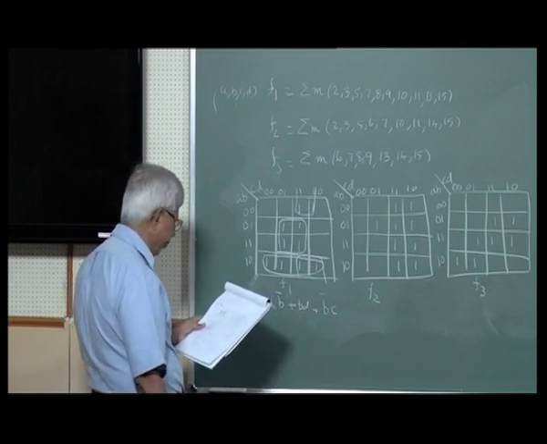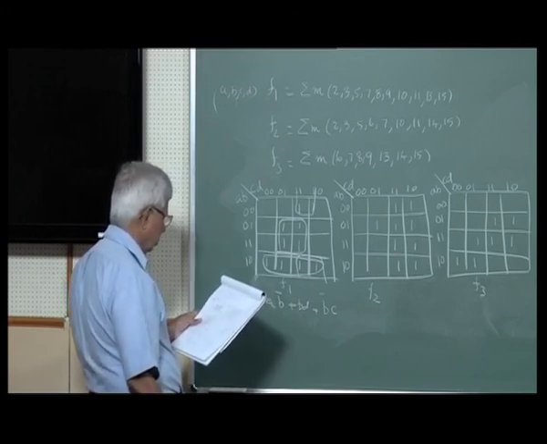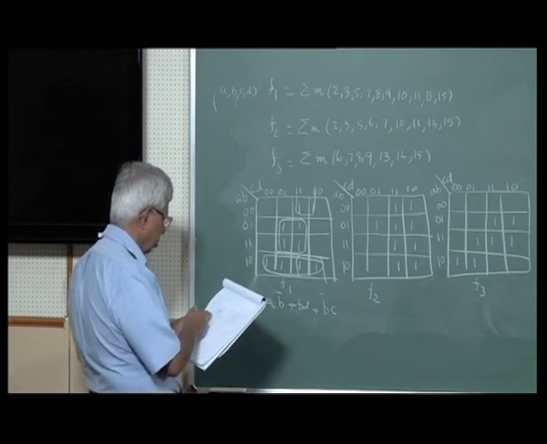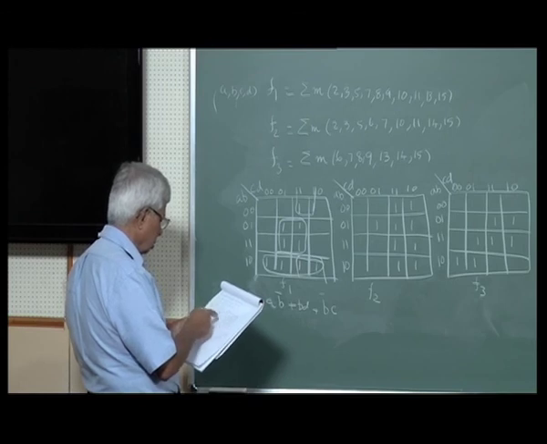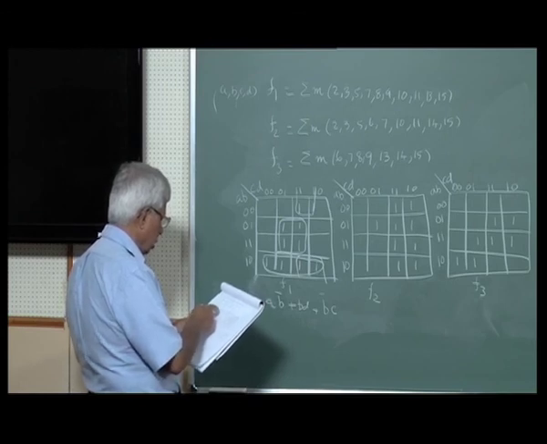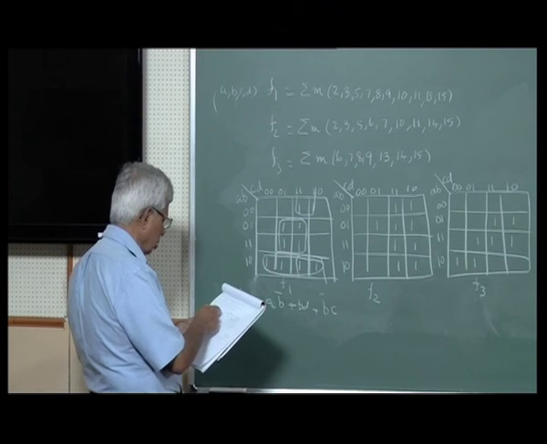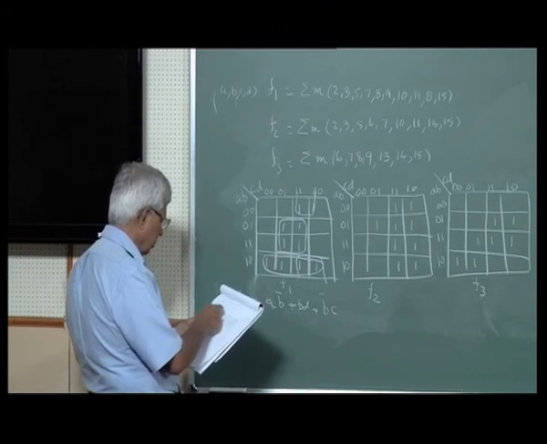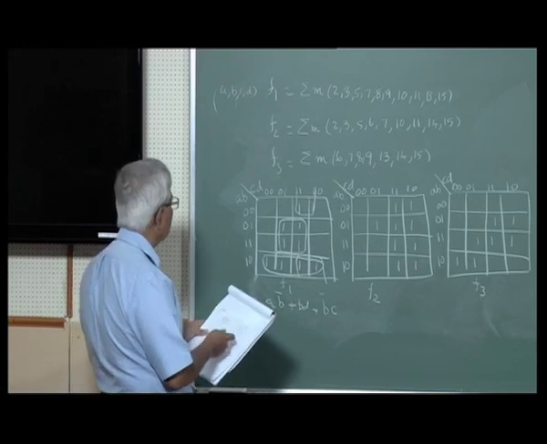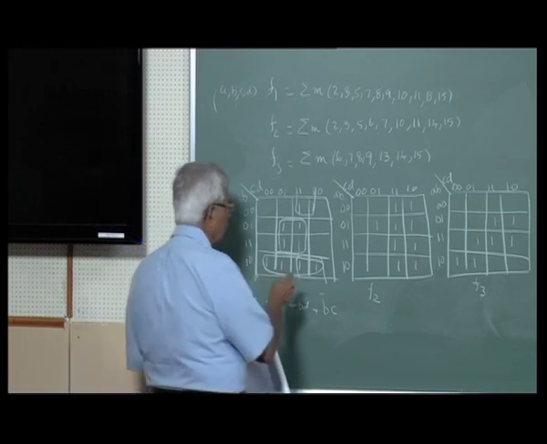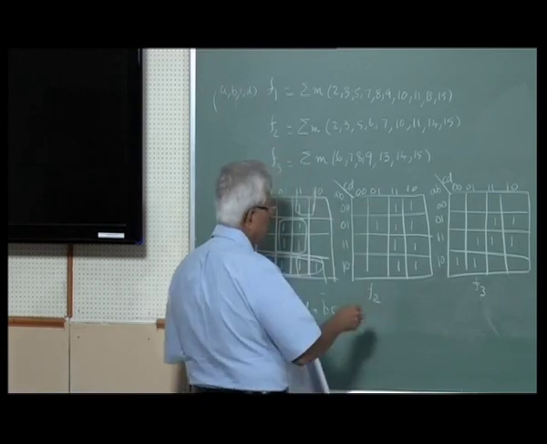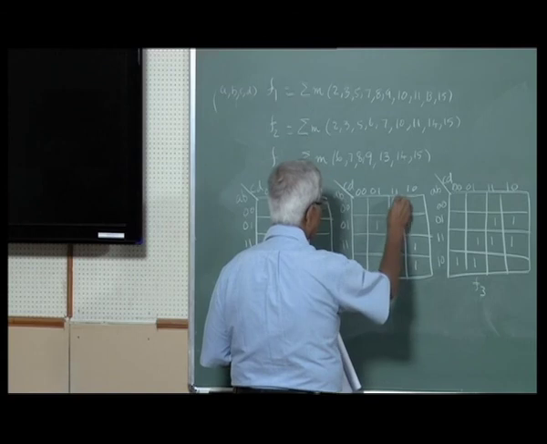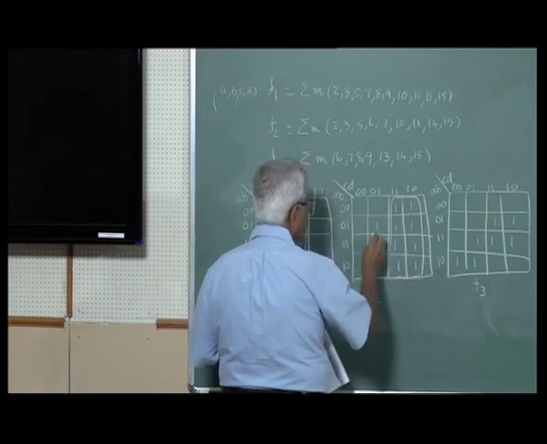AB bar CD, I consider this as CD and BD. Anyway, doesn't matter. Now, this one, this will be this one and this.